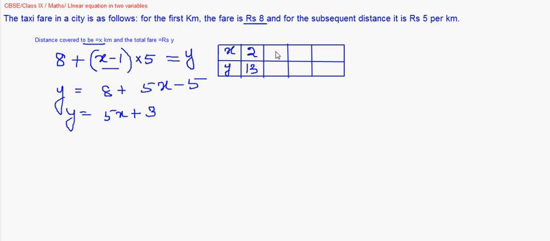If the distance is 3, it is 15 plus 3, 18. If the distance is 1, he pays only the fixed cost, that is 8. And one more: if it is 4, it is 23. We can plot this on the graph, which is what the question wanted us to do. I think this will be more than enough for taking up questions. Thank you.